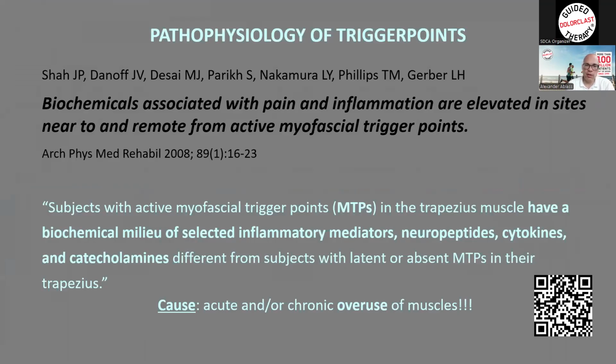So we find similar inflammatory mediators in the tissue, which basically keep these trigger points alive. Whenever we have pain, the inflammation is going up, the pain is going up, inflammation is going up. So it's a self-stimulating mechanism also in these trigger points.